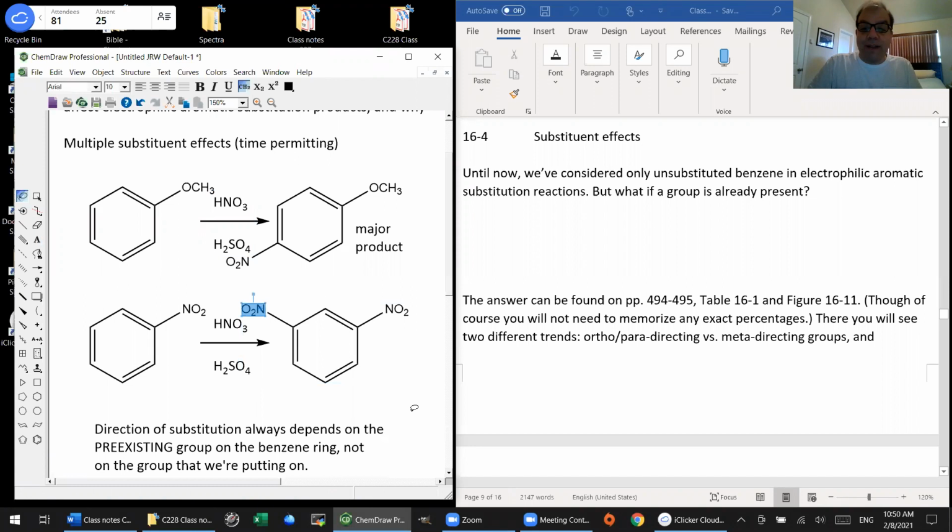Notice how we're writing O2N instead of NO2 on the left side of the molecule. That shows that we understand that it's the nitrogen that's attached to the carbon, not one of the oxygens. So I think that's the best way to draw it when the nitro group is on the left side of the molecule. Just like if there's a carboxylic acid group, we don't write CO2H, we write HO2C, right?